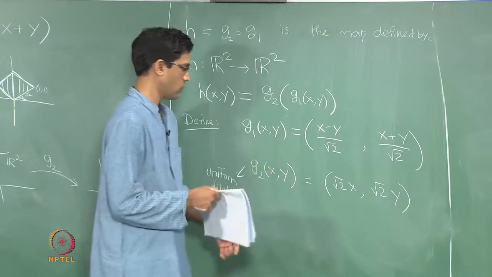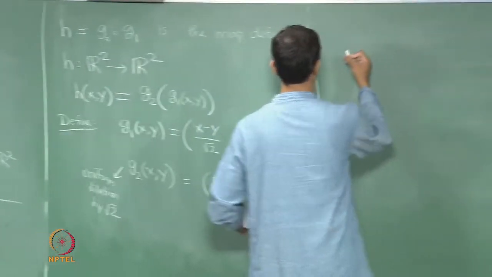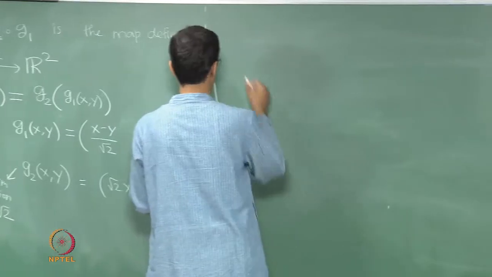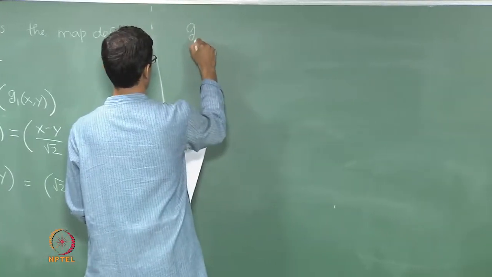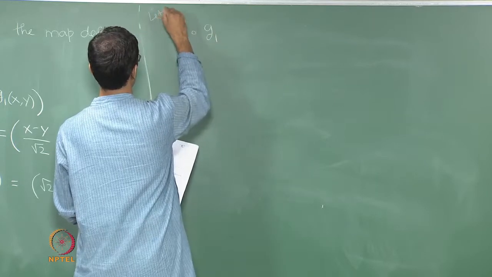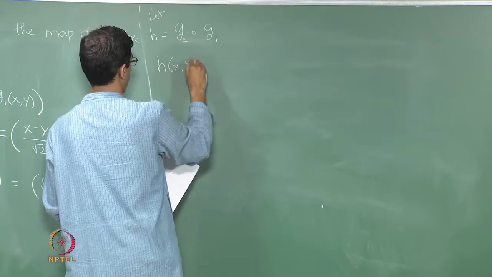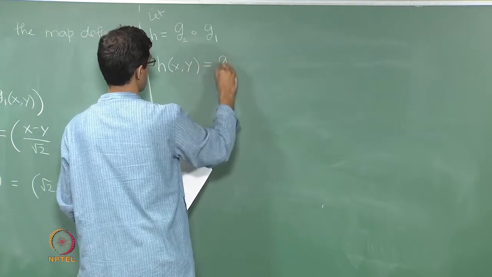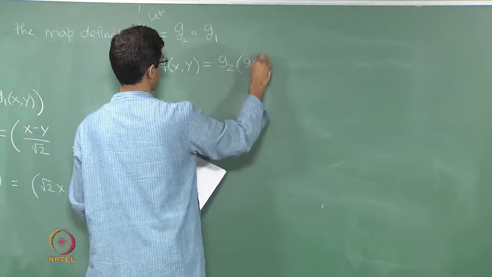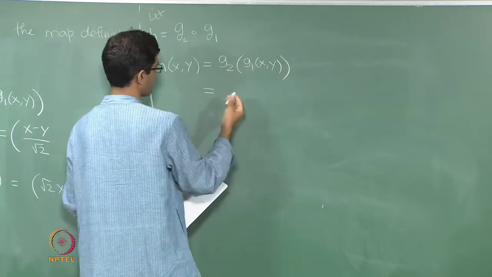So, we will return to g1, but first observe what is the composition of these two maps. So, suppose we did g2 composition g1. So, let us call H as g2 composition g1 and see what this map H is. By definition it is g2 of g1 of xy.